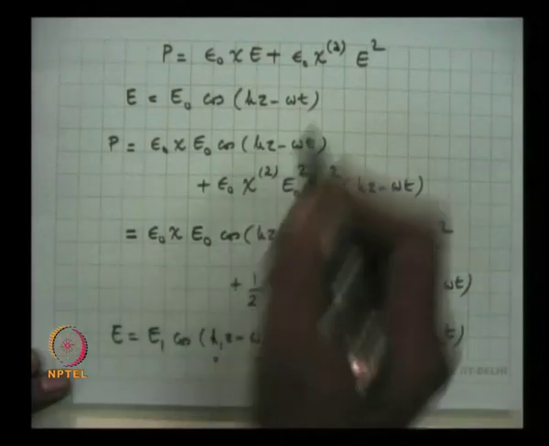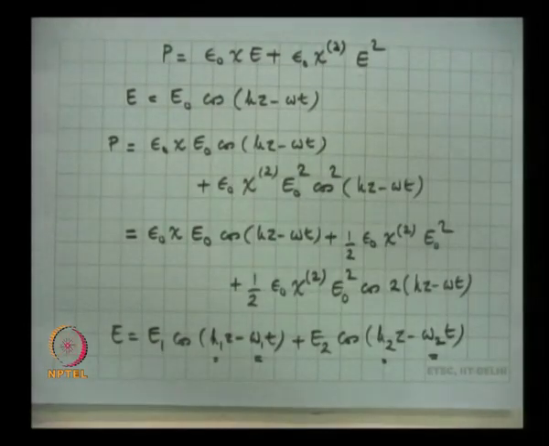If I substitute into this equation, what will I get? I will get the product of these two cosines in the nonlinear term, and that product can be written as cos(A plus B) plus cos(A minus B). So, you will have one term at frequency omega1 plus omega2 and one term at frequency omega1 minus omega2.